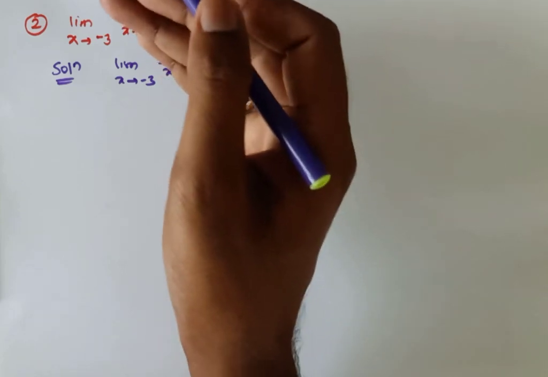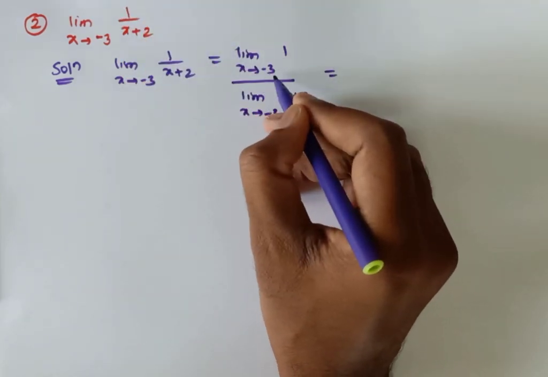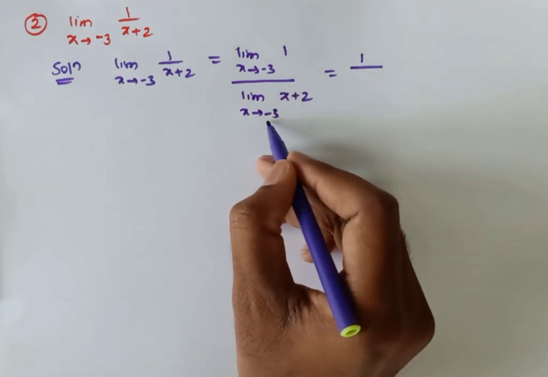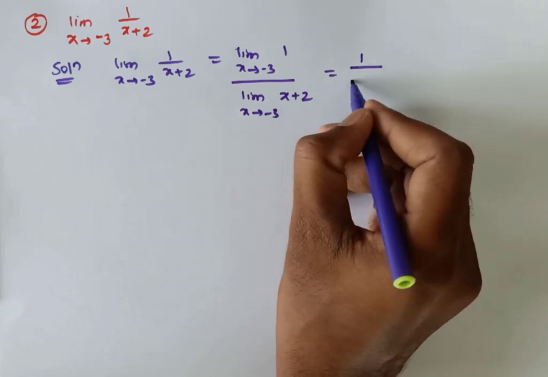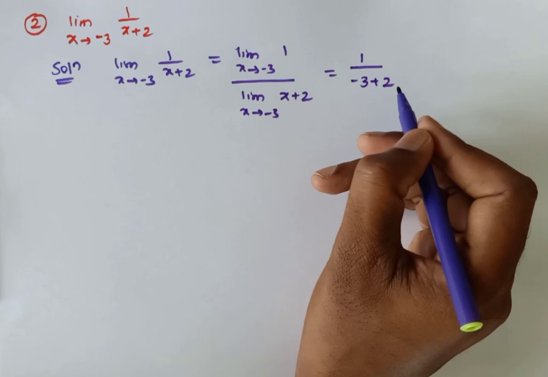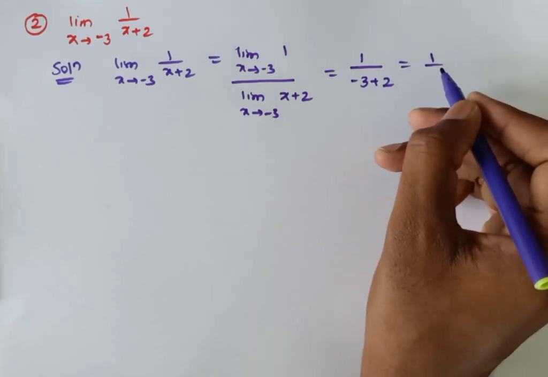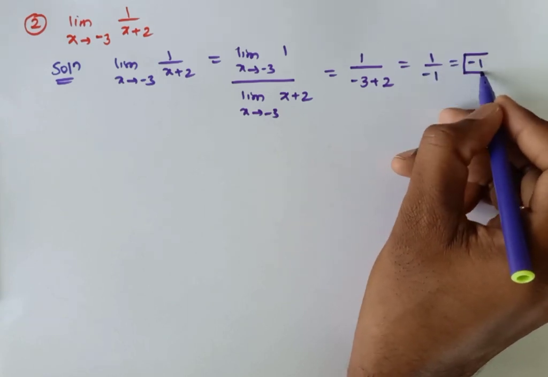The limit of a constant is always the constant. Replace x with minus 3, then it is minus 3 plus 2. Then it is 1 by minus 1. So this is minus 1.